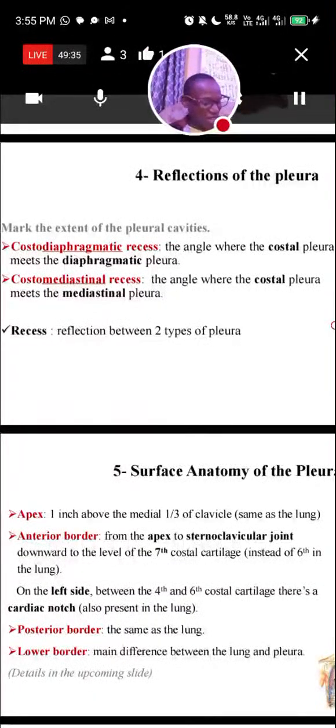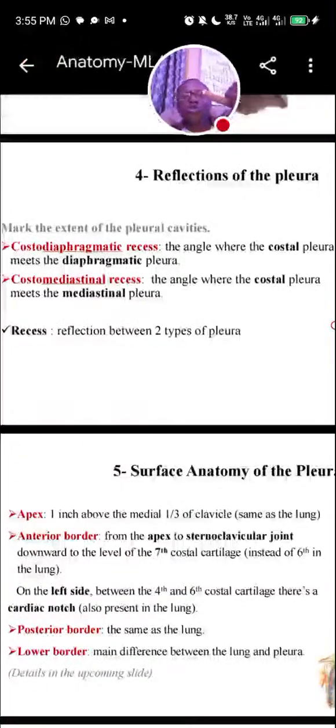Okay, now let's talk about the parts. In the cervical, we have three things: suprapleural membrane, parietal membrane, and cervical membrane. The suprapleural membrane is the one that adheres to the Sibson's fascia. Look at it.